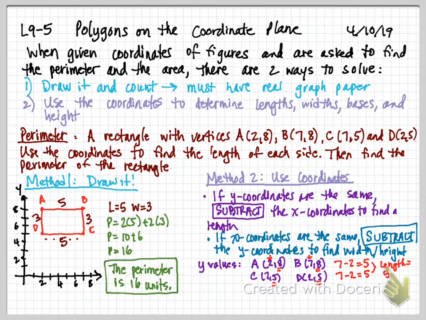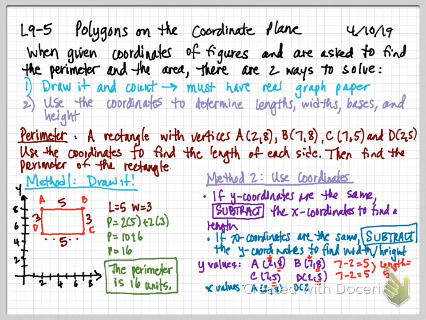So let's look at the x's, and let's see where we have x coordinates that are the same. With the x values, we had A and D. A is at 2, 8.